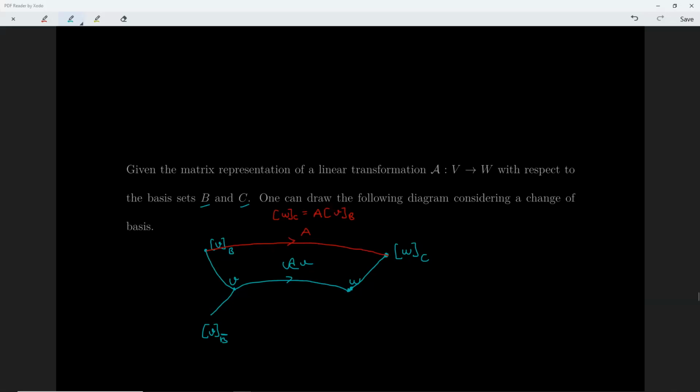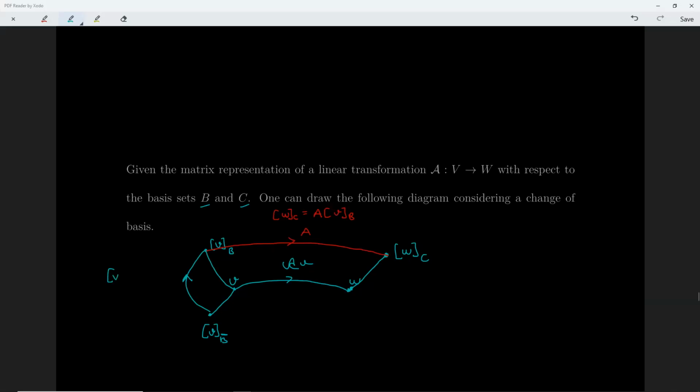Notice that there's also a relation between the representation of a single vector with respect to two different basis sets. We know that there was an invertible matrix that defines that relationship, right? So I can convert one representation into another by defining an invertible matrix.